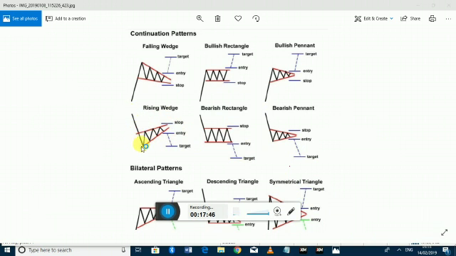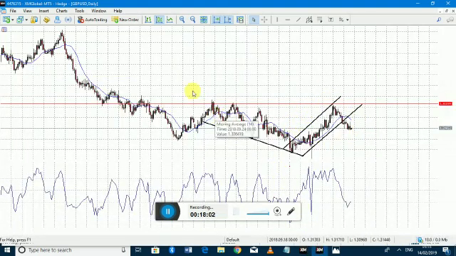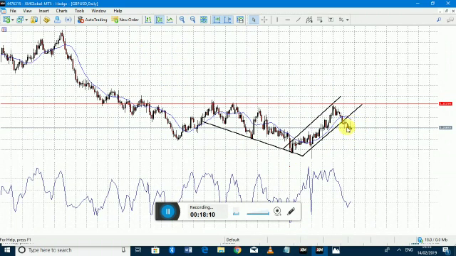I'm waiting for GBP USD on a daily chart to move down to get a sell, because with a rising wedge, we have to have a heavy downtrend movement plus a small uptrend, and then from there we sell. That's a rising wedge.